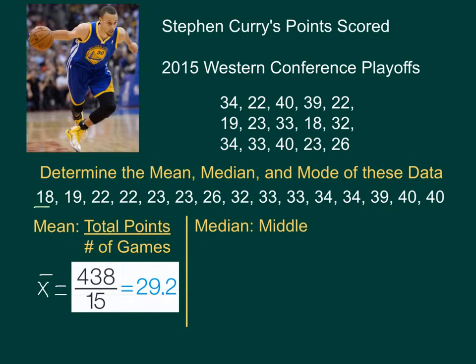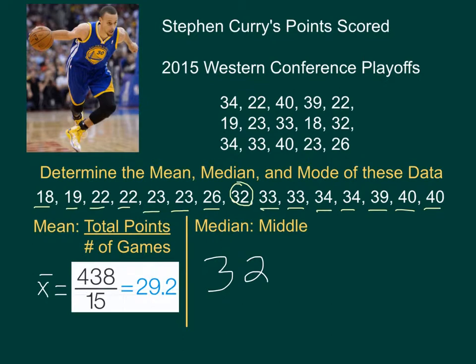So 18 and 40 is matching up, 19 and 40, 22 and 39, 22 and 34, 23 and 34, 23 and 33, 26 and 33, which leaves me with a median right in the middle of 32. And fortunately, I was able to just figure that out pretty easily. And so now we have our second measure of center.